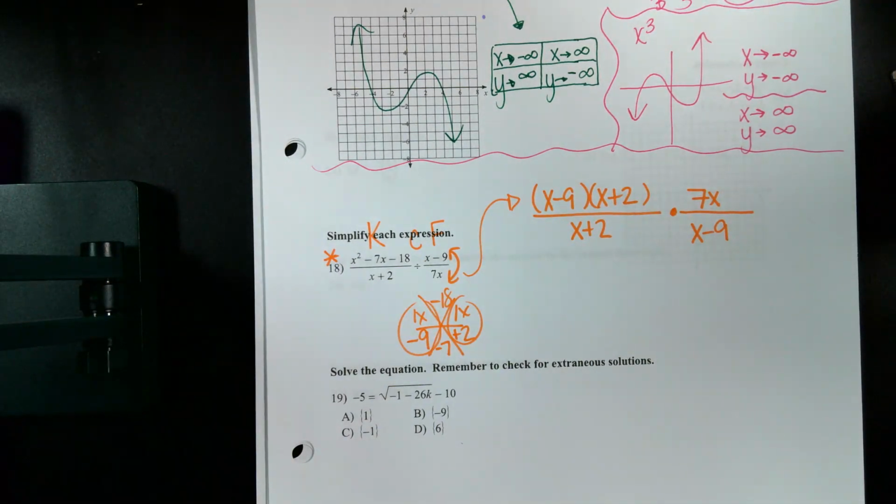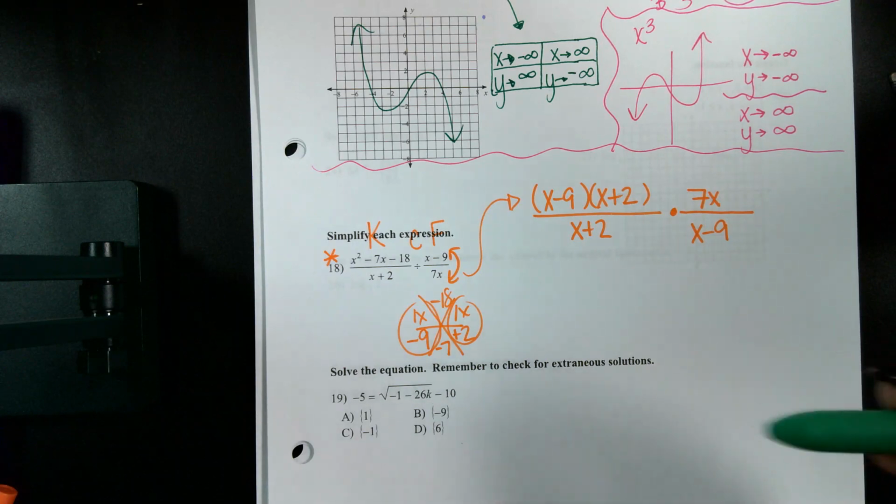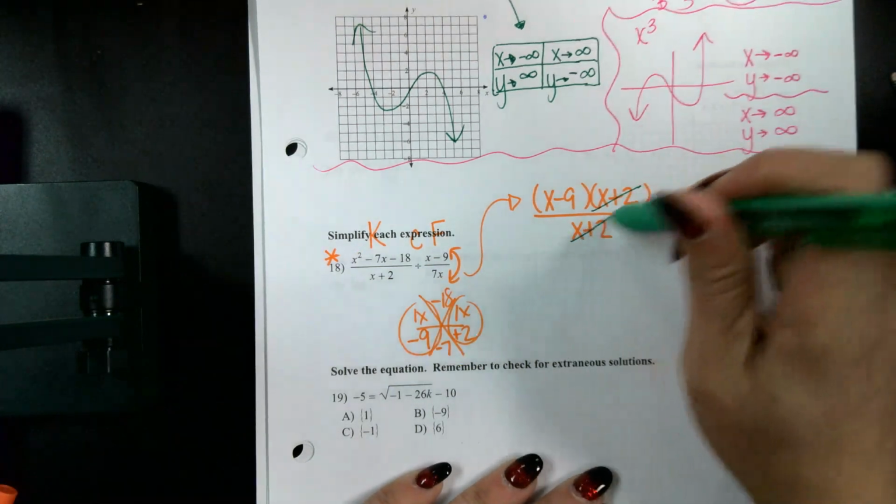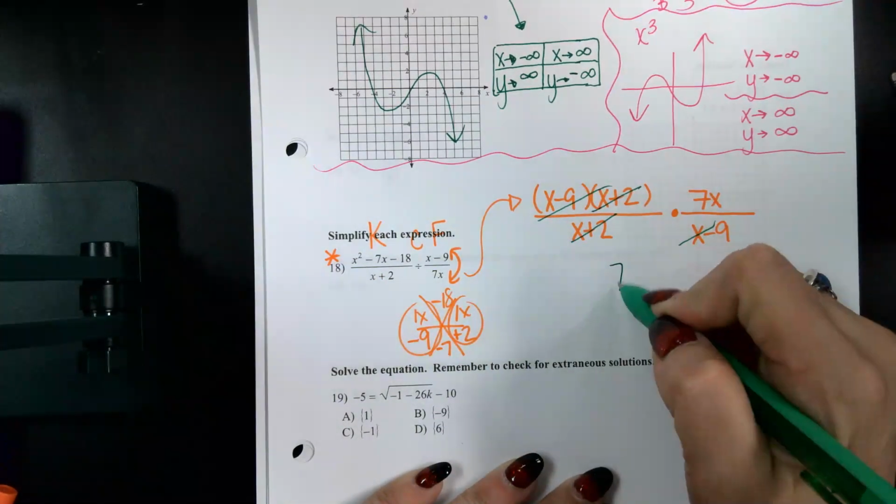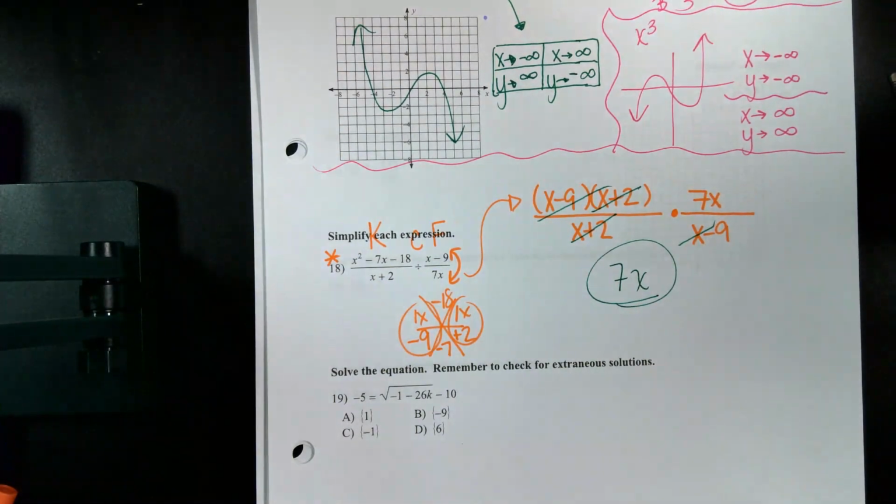Whole bunch of stuff cancels out. What cancels? And? Yep. Only thing left? 7x.